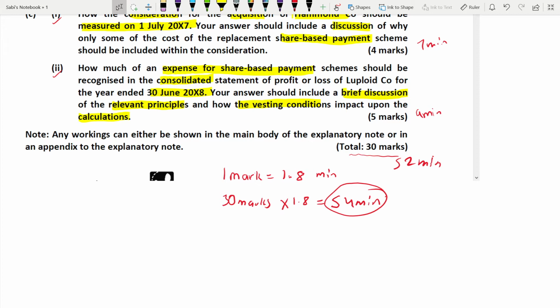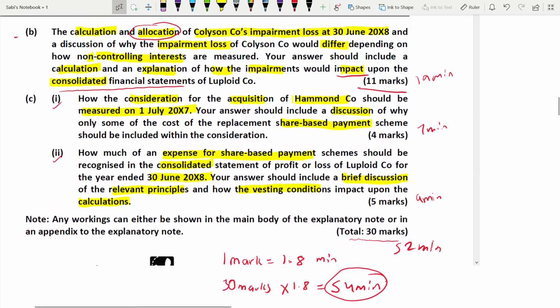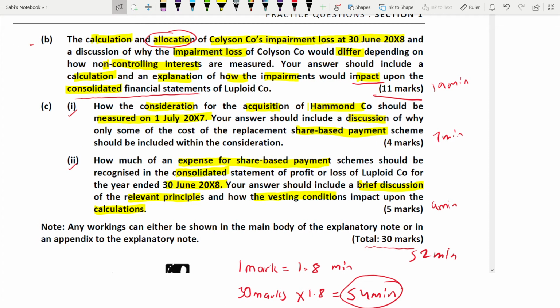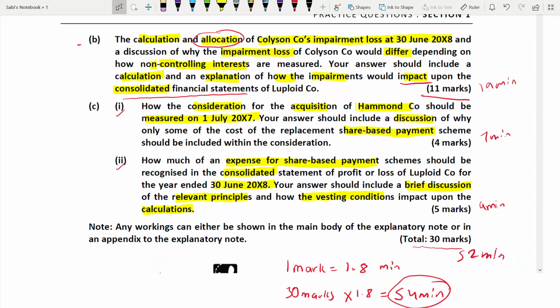You have to be smart about how you study the standards and how much you want to know. But I always say it's better to go through all the standards. Don't ignore anything. Imagine if you ignored one complete standard and only that standard comes in the exam, then you have nowhere to go. You have nowhere to escape. So don't do that.